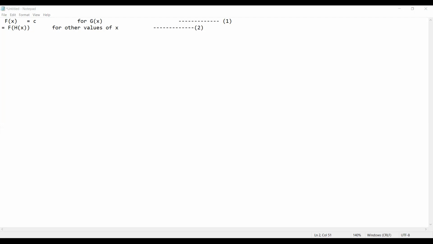So for x equal to g of x, return the value c to the calling function, and for the other values of x, call the same function with the new argument h of x. Here I also write down h of x, right?